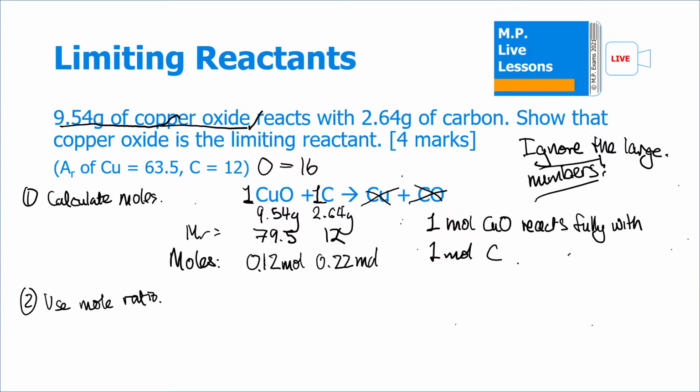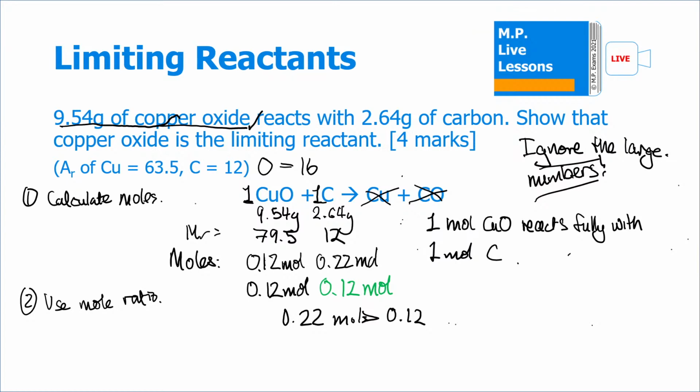And we can say this one way or the other. For example, if we plug this in, for every 0.12 moles of copper oxide, it needs 0.12 moles of carbon. However, what we can see from our calculation is 0.22 moles is larger than 0.12.